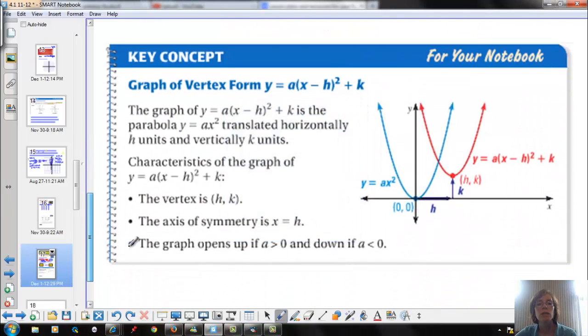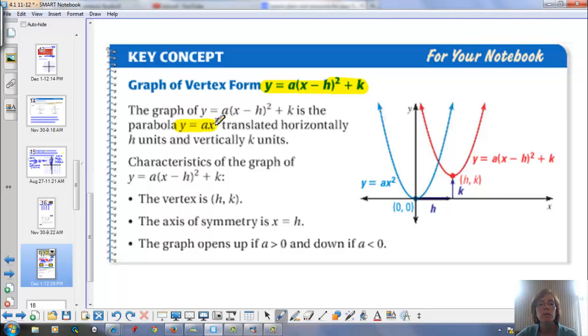Alright, so here's the key concept for our vertex form of a quadratic function. Again, vertex form is y equals a times x minus h quantity squared plus k. And the graph is going to be a parabola.